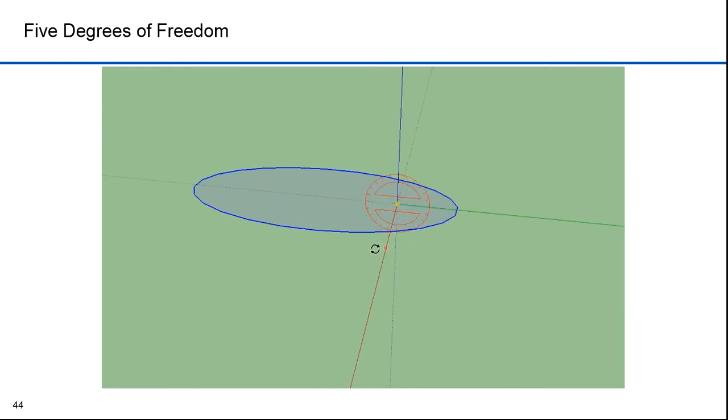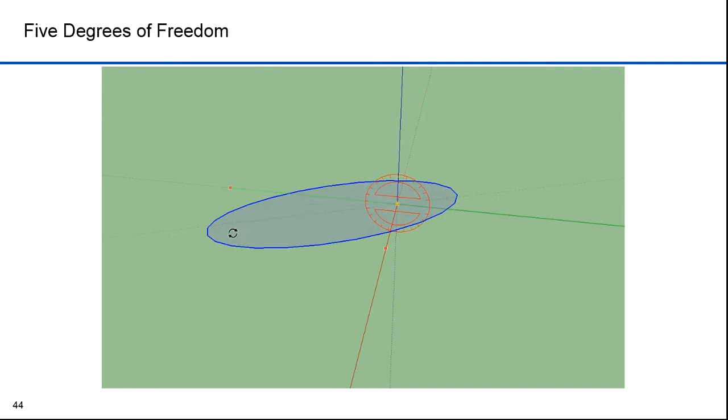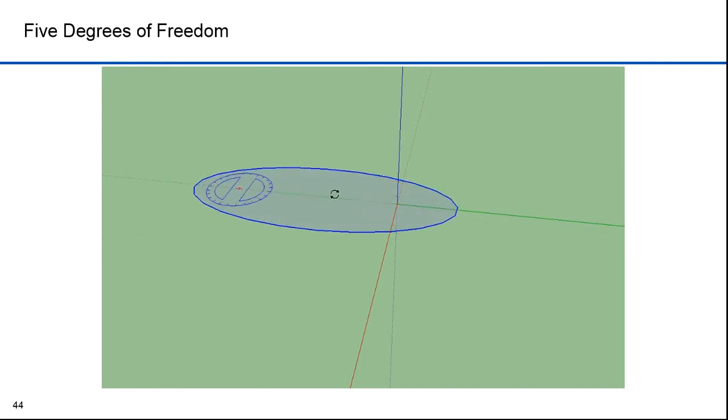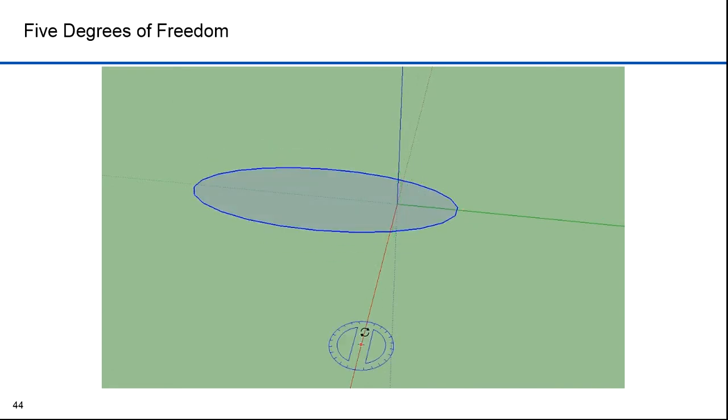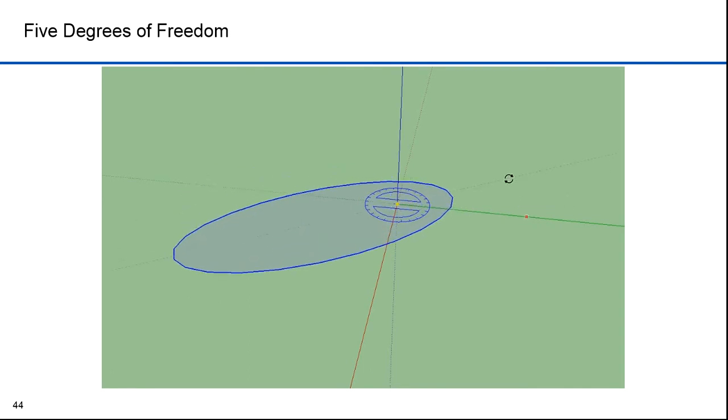We can also flip the ellipse along the x-axis, or along the x and z-axis. And then we can rotate it along the y-axis. That's not how we orient orbits, though.